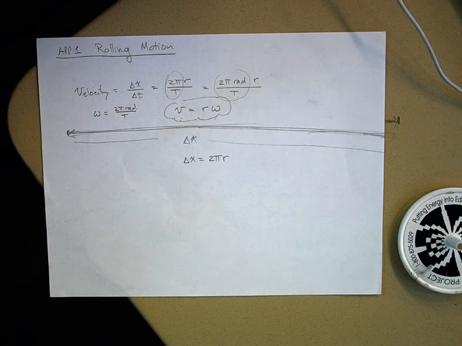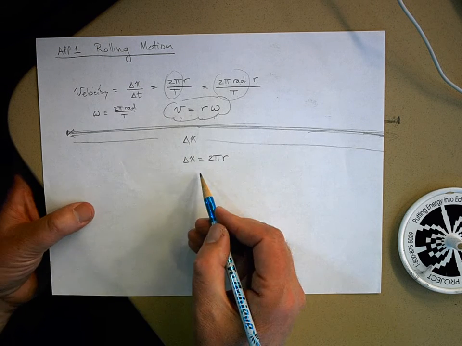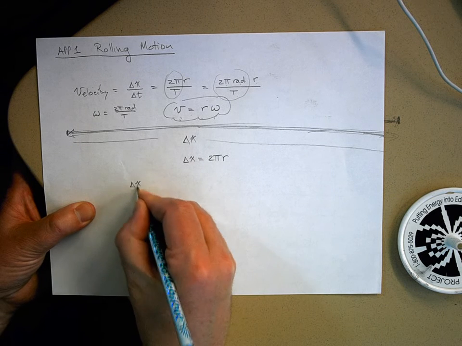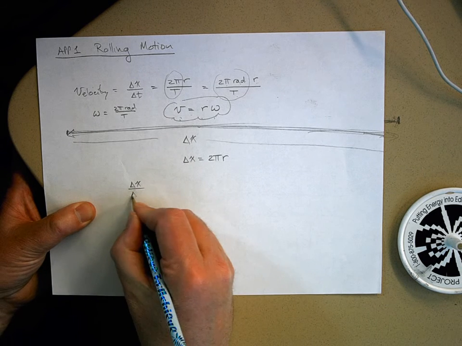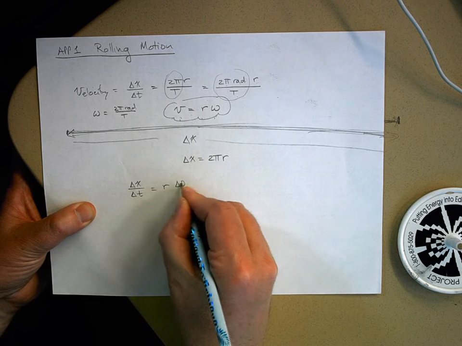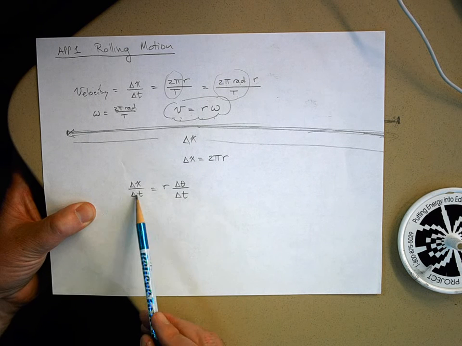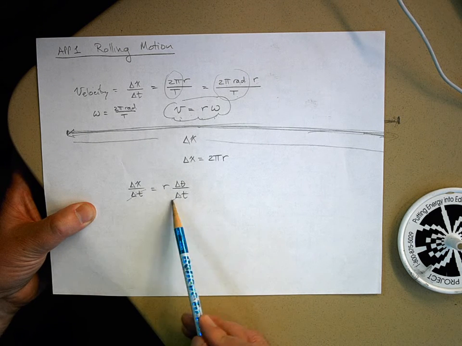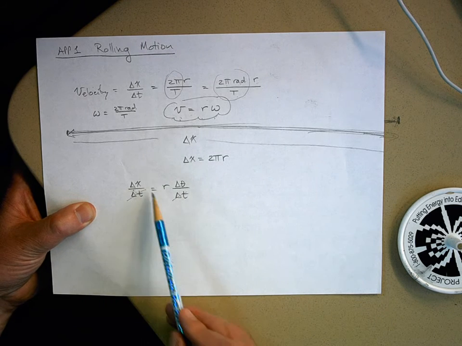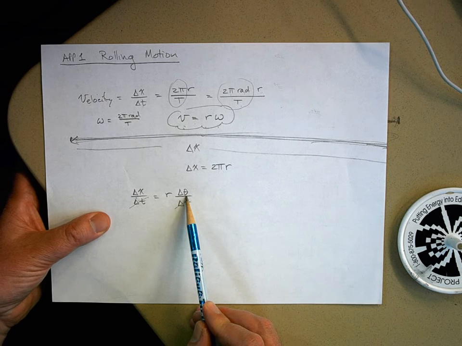But if you also want to think of this as v is delta x over delta t is equal to r delta theta over delta t, you can see that if I let delta t cancel out, the displacement delta x is equal to the angular displacement in radians times r.